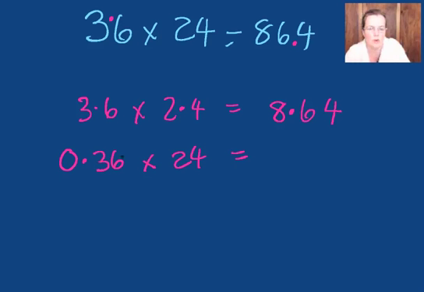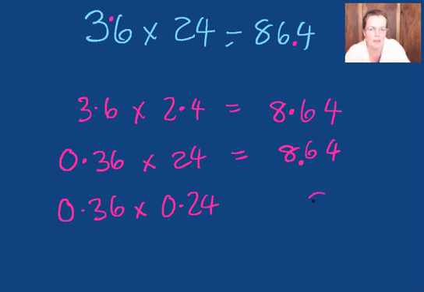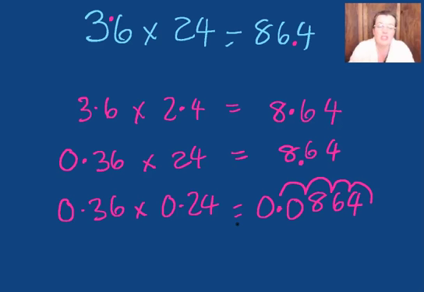That's 1, 2 after, so it will be 864, 1, 2. Or we could have 0.36 times 0.24. There's our 864. And then now we've got 1, 2, 3, 4, and fill it in with a naught. So you just count the numbers after the decimal point and count it in.